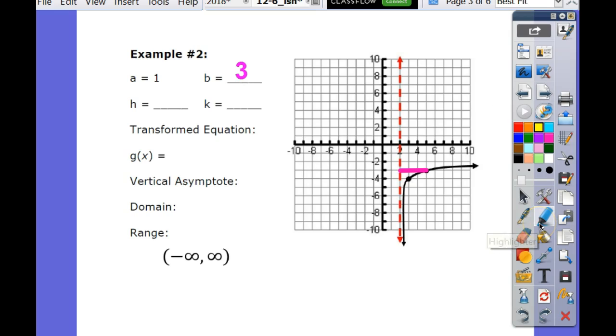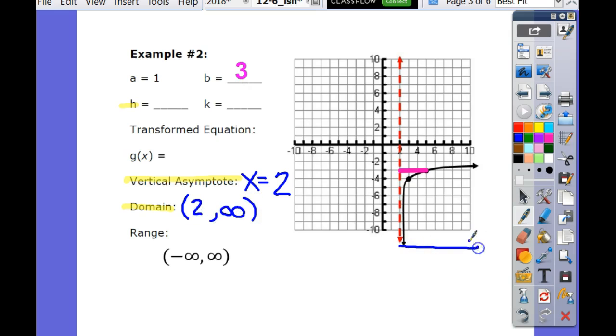The first thing I'm going to figure out is the asymptote. The asymptote's going to help us figure out the domain and the h. Where is the asymptote? That means the domain goes from 2 and gets bigger. The domain goes from here up.